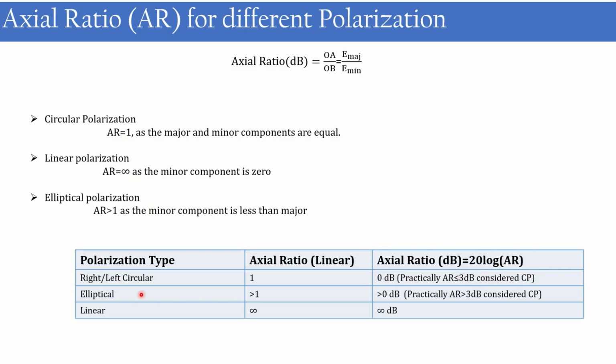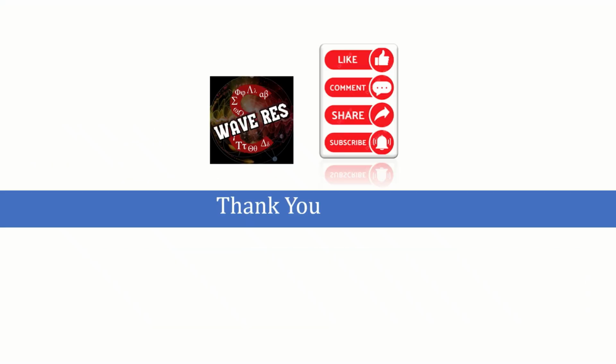In the case of elliptical polarization, the axial ratio is greater than 0 dB; in practical cases, an axial ratio greater than 3 dB is considered not CP, but elliptically polarized. And in the case of linear polarization, the axial ratio is equal to infinity. So these are the conditions for the axial ratio for different polarizations. Sorry for the mistake earlier: that was the axial ratio in linear scale, not in dB scale. I hope you get some idea about what is meant by axial ratio.